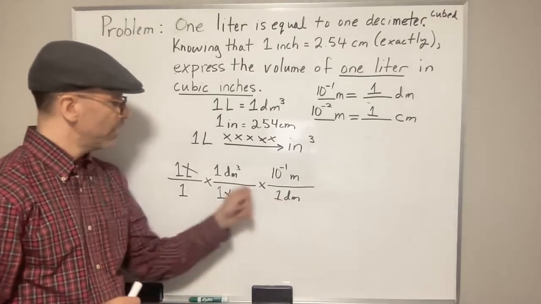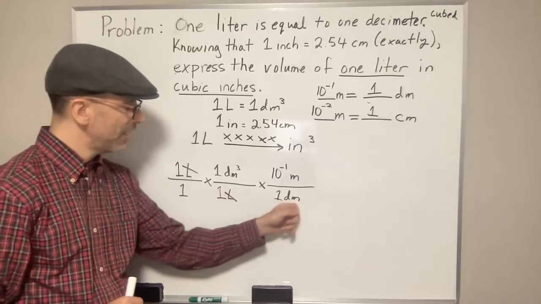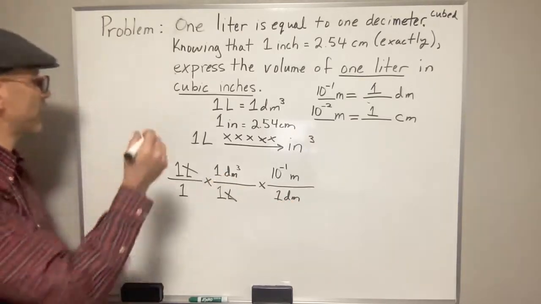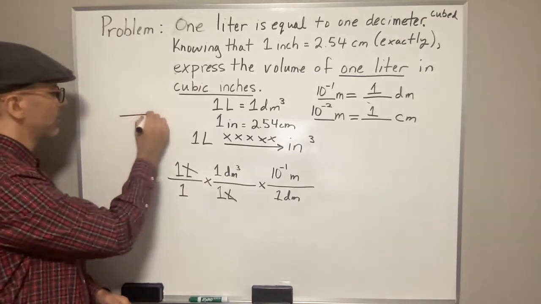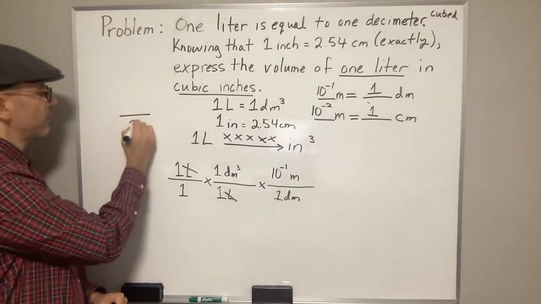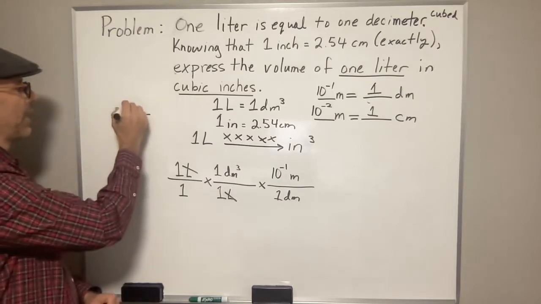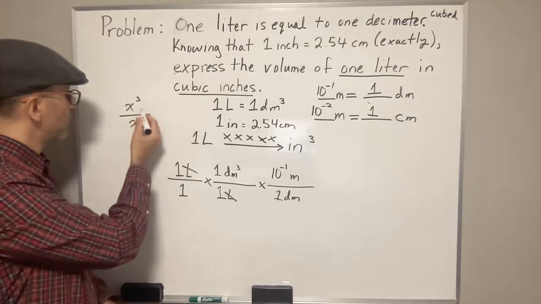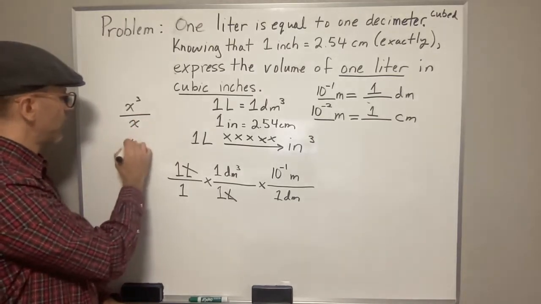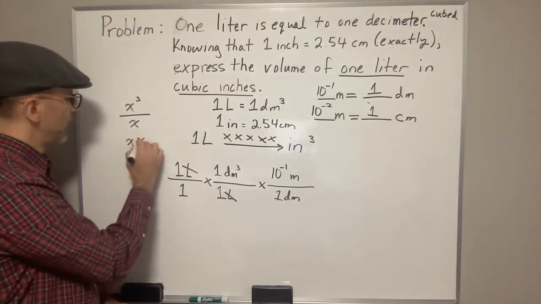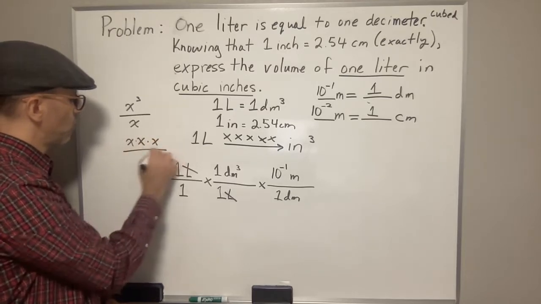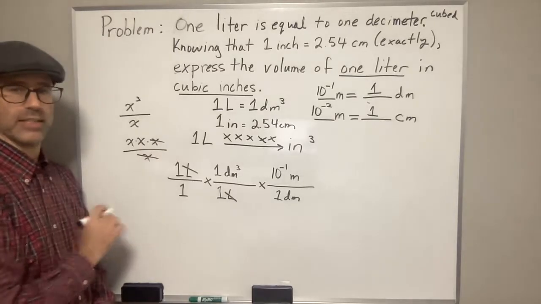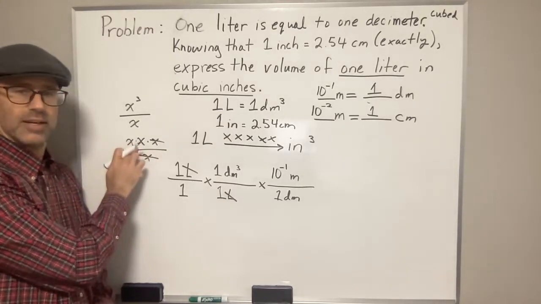Now notice that this decimeter is only going to cancel out with one of these. It's like if I had x on the bottom and x cubed on top. This would be the same as x times x times x over x, so 1 x would cancel out with one of those x's, and I would still have x times x on the top.